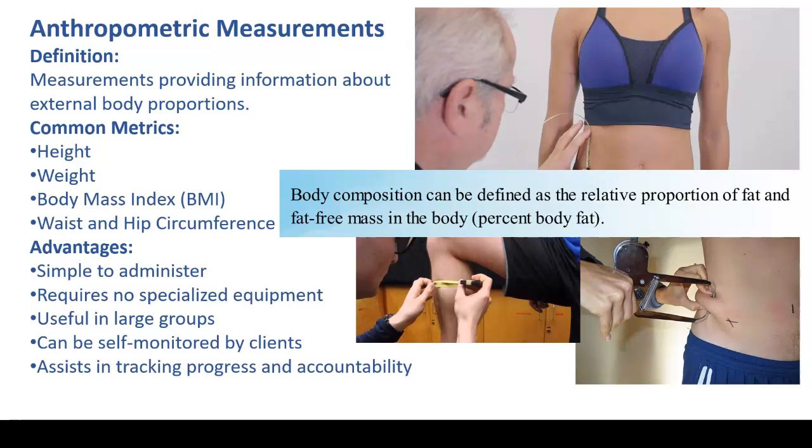Examples are how tall you are, how much you weigh, your body mass index, which is a number based on your weight and your age, and the size of your waist and hips. Then there is the body composition definition, that is the relative proportion of fat and fat-free mass in the body.